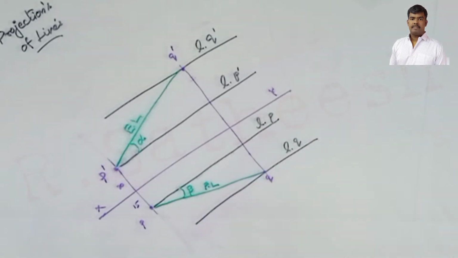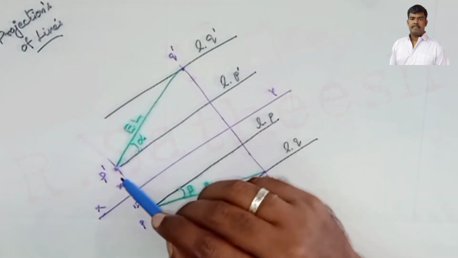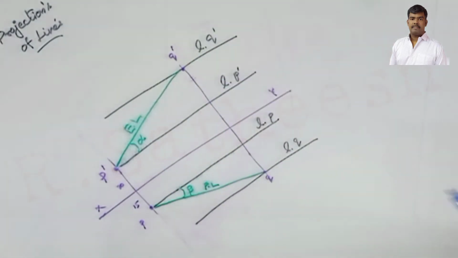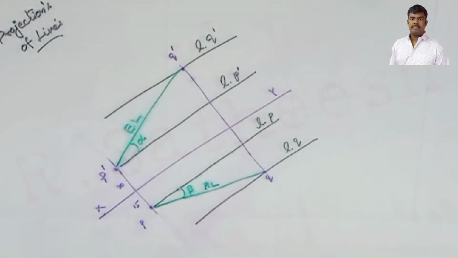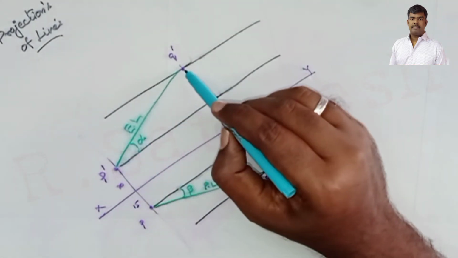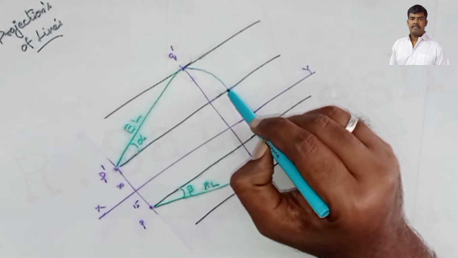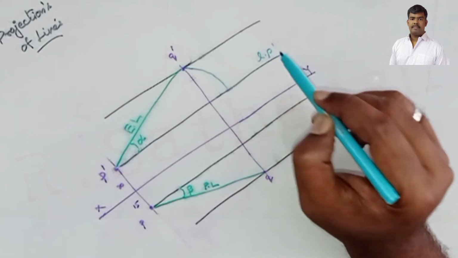Clear? So as per our procedure, you know Q dash, you draw the projection lines, clear? So you know this is the locus of Q dash, P dash, like this. With P dash Q dash as the radius, you draw one arc up to that locus of P dash, clear?